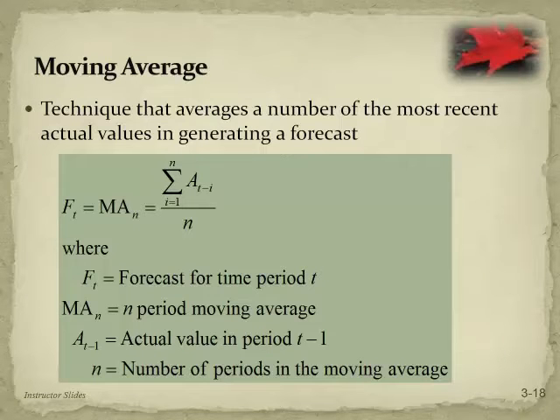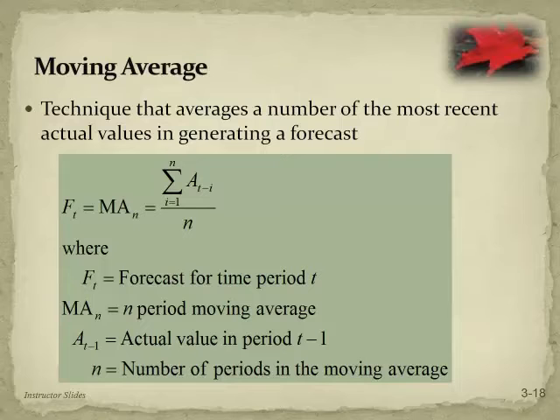So, moving averages. In a moving average, I'm going to take some actual historical data, represented by the letter A, the actual value, add them up, and then divide by the number of time periods.